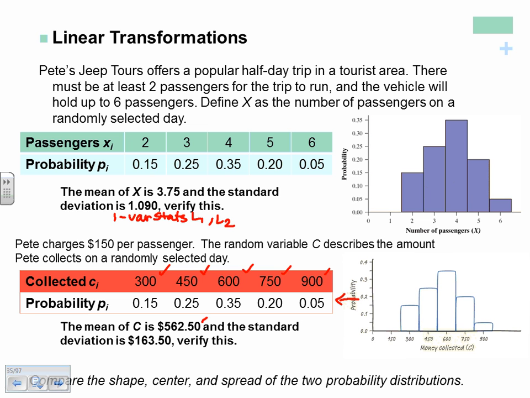Okay, so I could just take this times 150 to get to the answer. So when I multiply, the mean is multiplied. So what about the standard deviation? Well, when I multiply, I also change the standard deviation by multiplying it. So sure enough, this guy times 150 is going to give you 163.5. Pretty cool.